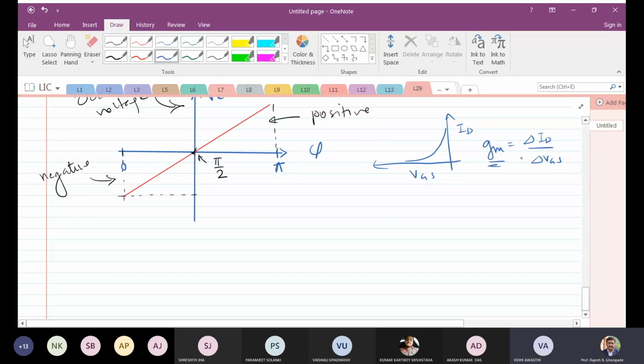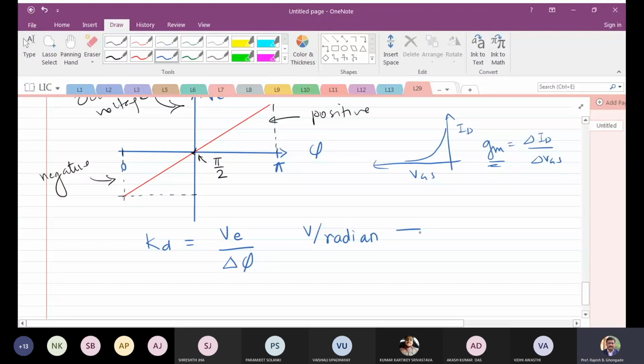Similarly, in this case, we have a factor which is also a ratio, which is a ratio of error voltage, that is VE, to change in the phase. And that is called KD. It is given as error voltage VE divided by change in the phase. And the units are volts per radian.